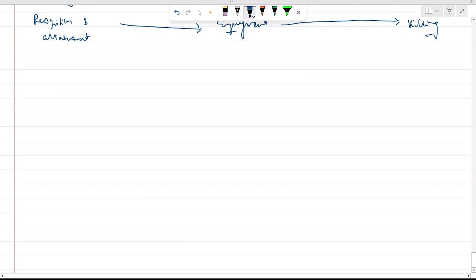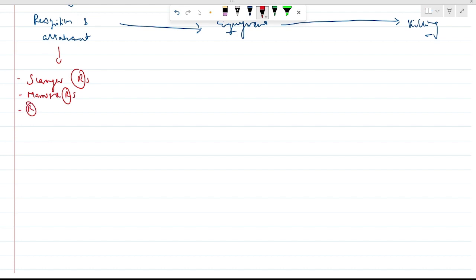Now this recognition and attachment is done by receptors. Some receptors, remember, are scavenger receptors. Then there are mannose receptors.